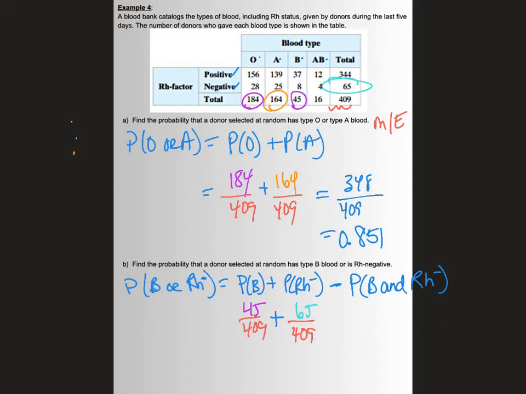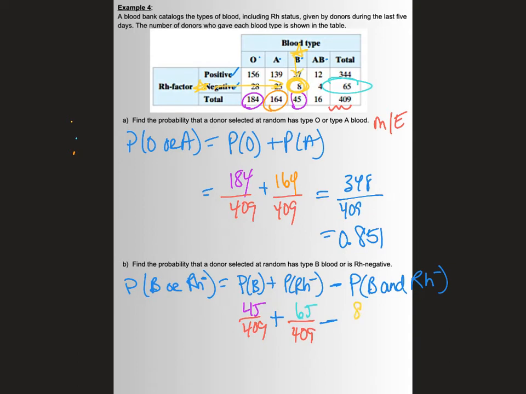Over 409, minus the probability of people that are both B and Rh negative. So both B and Rh negative, that is 8 people, right? There's 8 people, because what you do is you find the intersection of the B column and the Rh negative column, and they intersect right there, so that's 8.